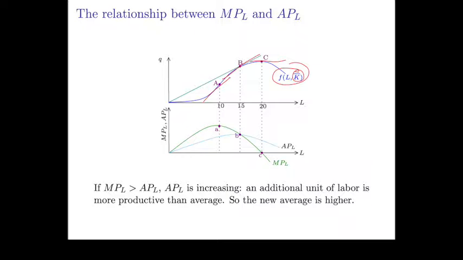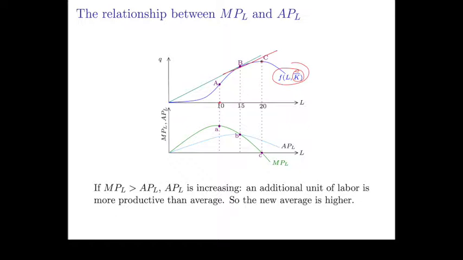So at any given point, for example at 10, what is the marginal product of labor? It's just the slope of the tangent to this blue curve at A. What is the marginal product of labor at 15? It's the slope of the tangent to this blue curve at B. What is the marginal product of labor at 20?